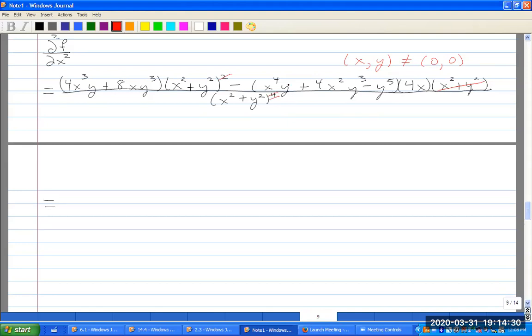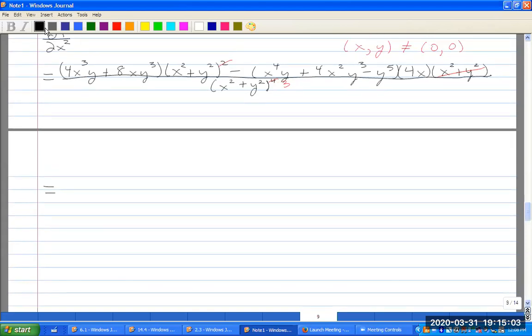So this becomes x cubed. So this becomes 3. Okay, so this is equal to, and now let's multiply this out.